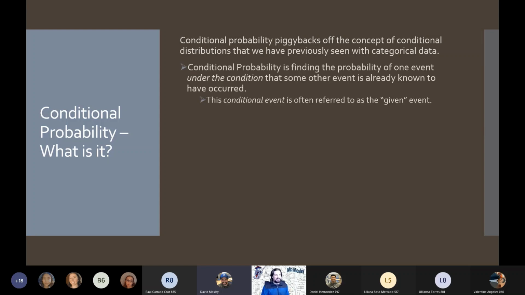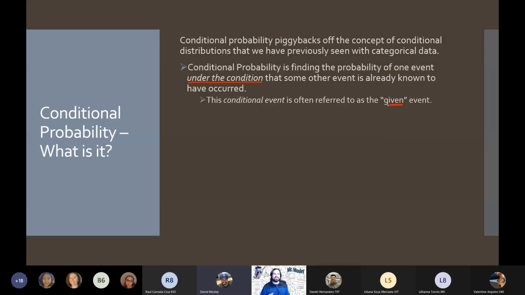Conditional probability is finding the probability of one event under the condition that some other event is already known to have occurred. The conditional event is often referred to as the given event. You'll see that term used sometimes.